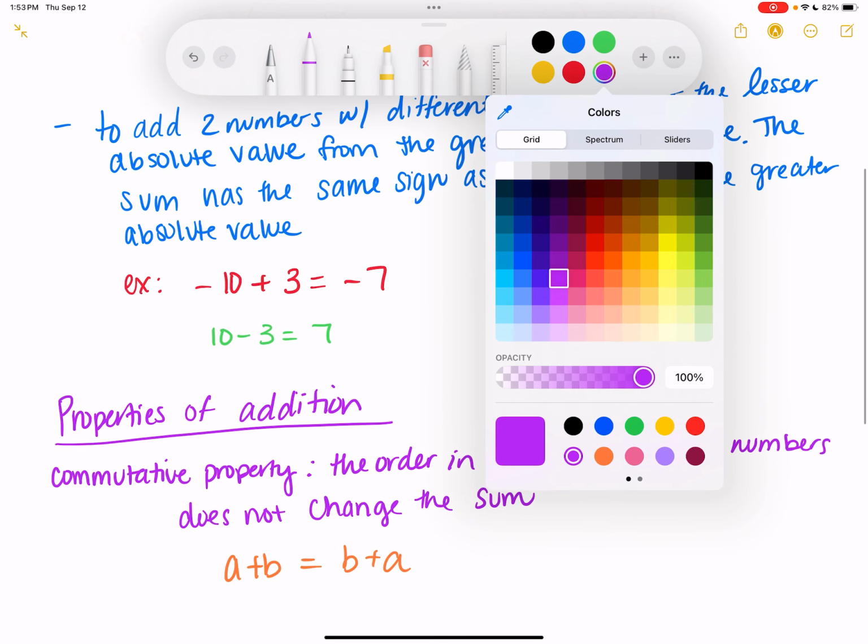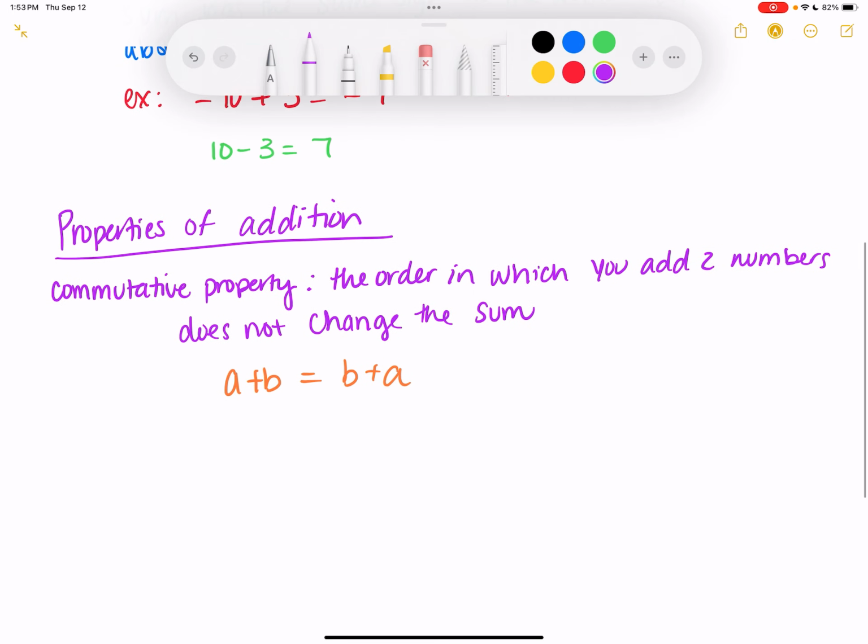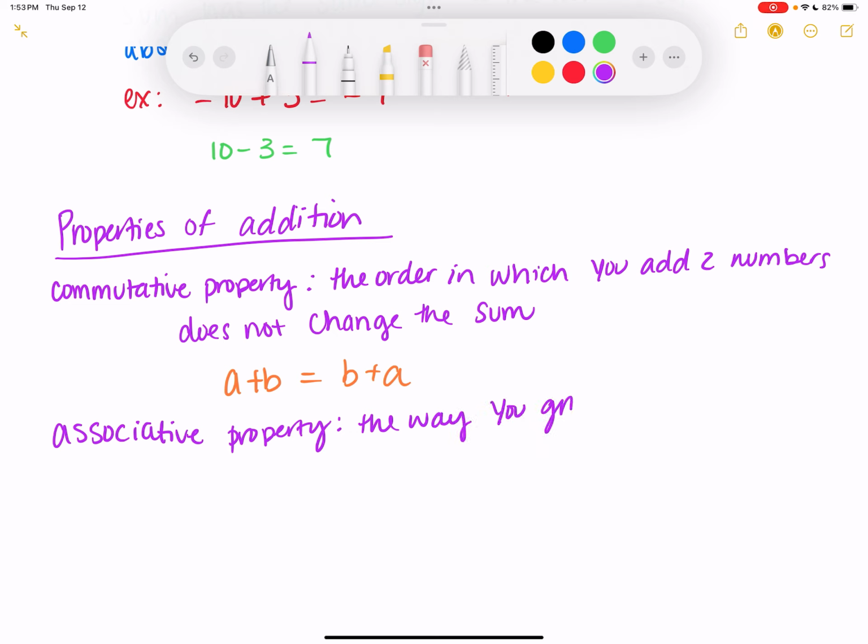All right, the next property is the associative property, which says the way you group three numbers in a sum does not change the sum.